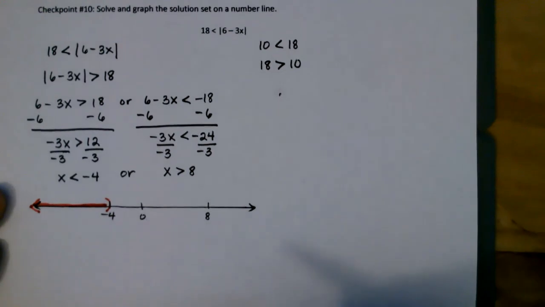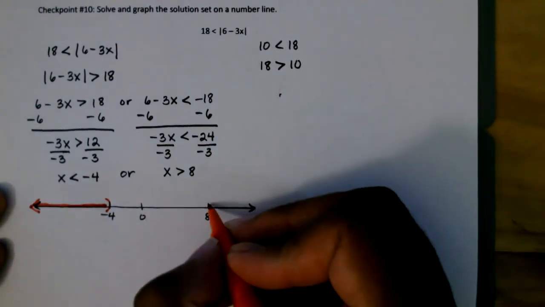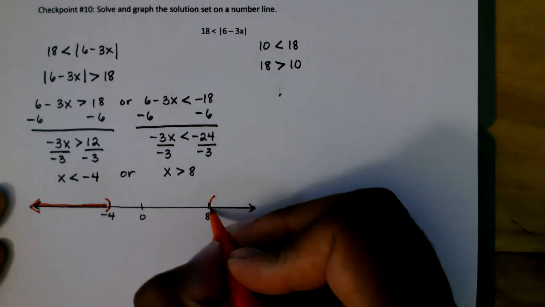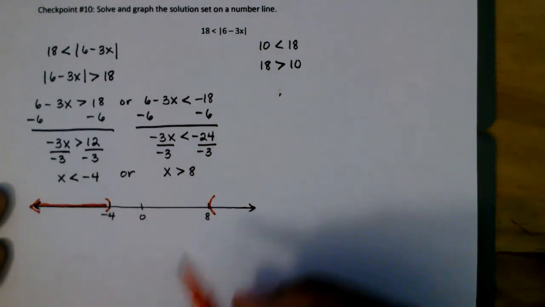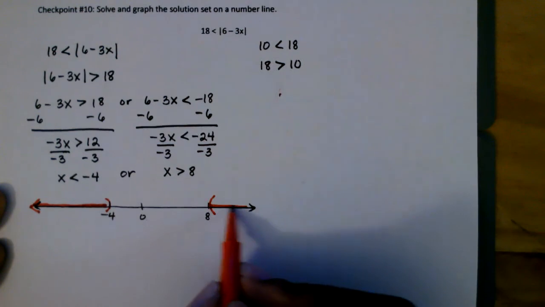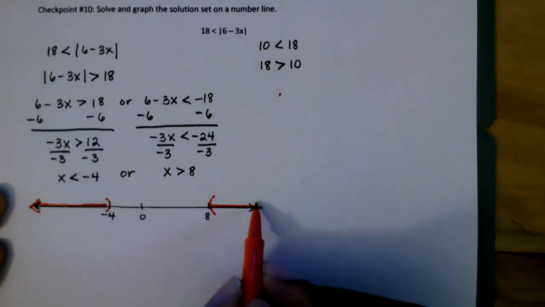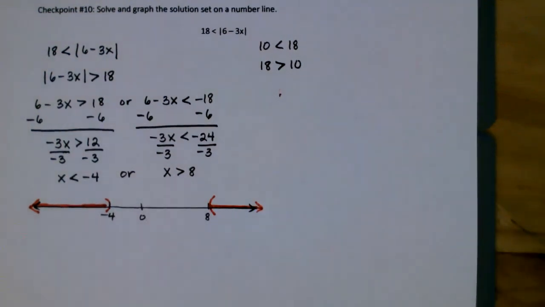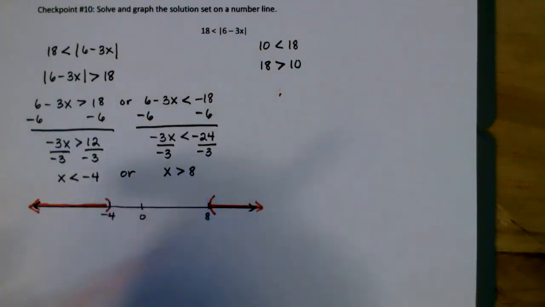For x is greater than 8, 8 is not included, so we use a left parenthesis at 8 and shade to the right, because the greater than symbol points to the right. That is what your graph looks like for this inequality.